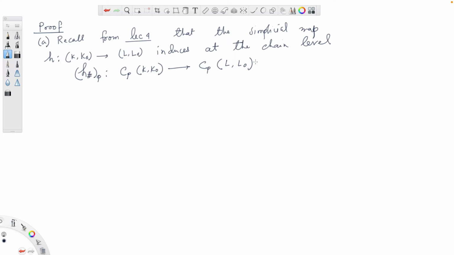Let me take a look if this is the correct term that I'm using for relative homology groups. I have a very bad habit of forgetting things. I hope I'm using the correct term. I have this reduced homology thing.